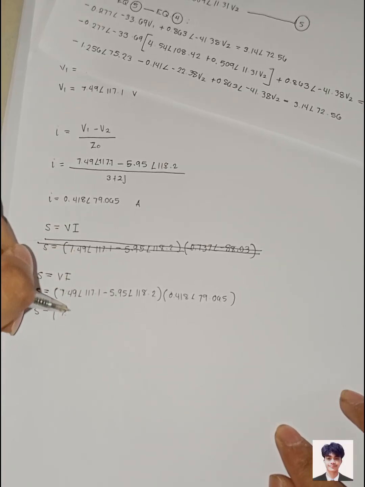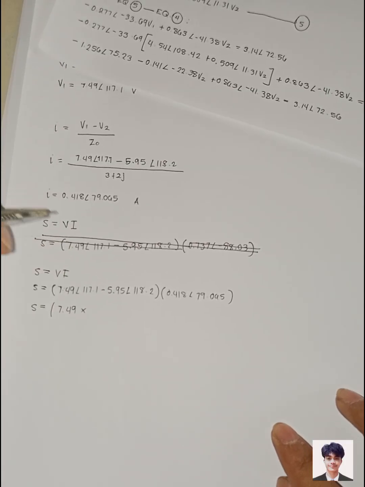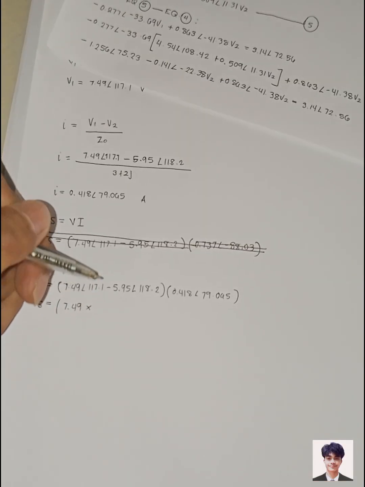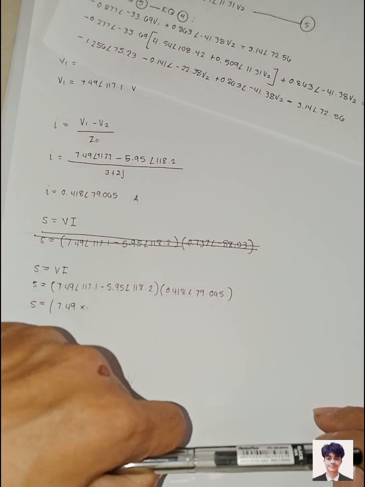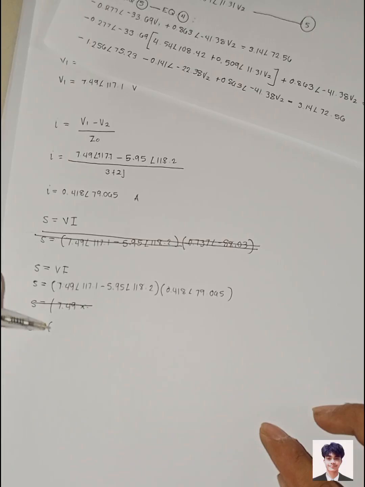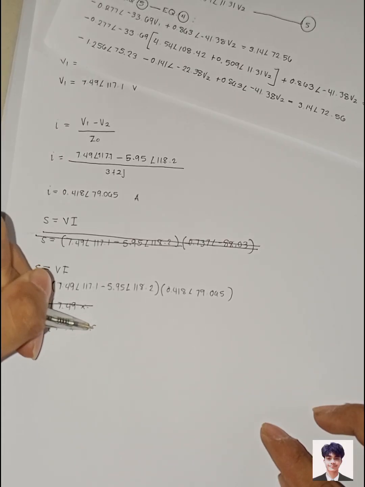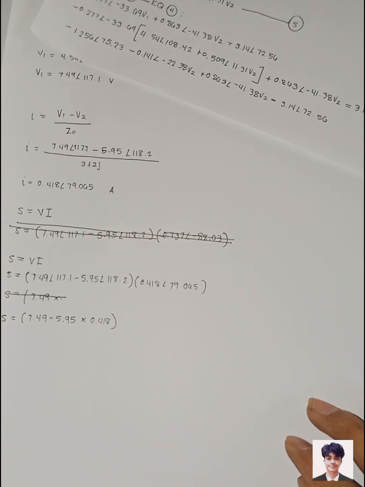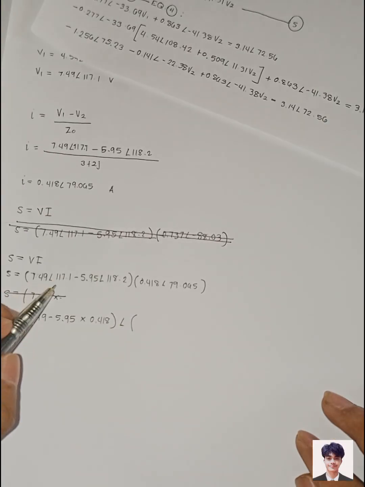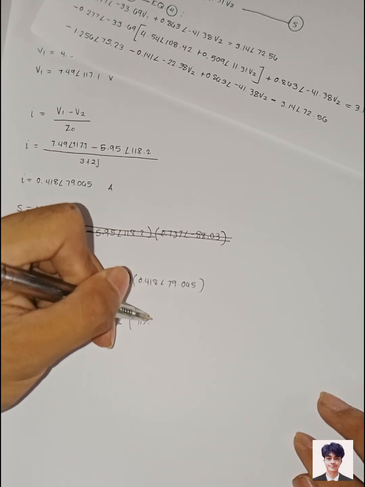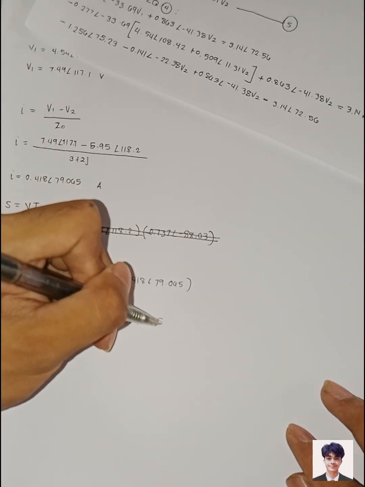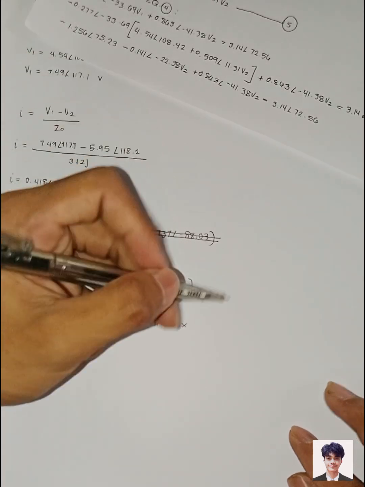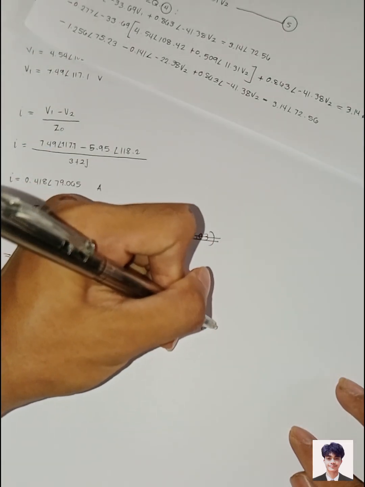So this should become 7.49 minus 5.95, multiplied by 0.418, and then the angle 117.1 minus 118.2 plus this angle 79.065.